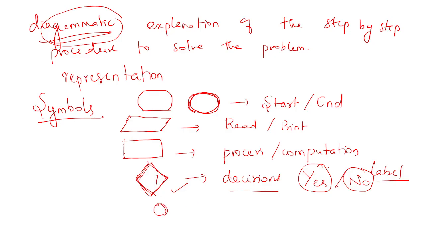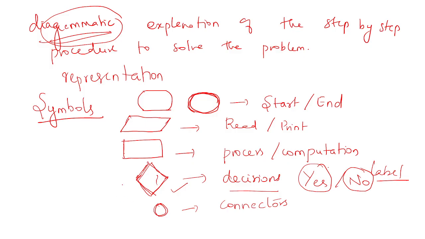Finally, you have a very small circle symbol, used as a connector. Whenever you have a very large problem and a very complex flowchart which runs to pages, or you are making the diagram in parallel, you cut in one place and start in another place.